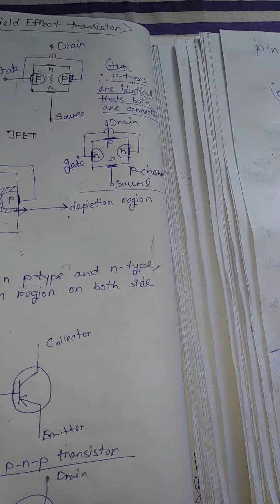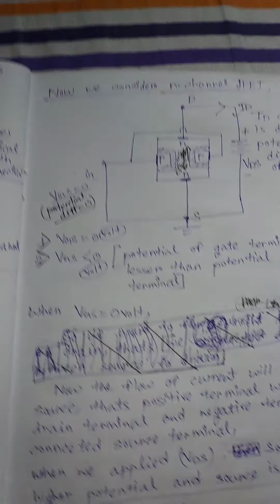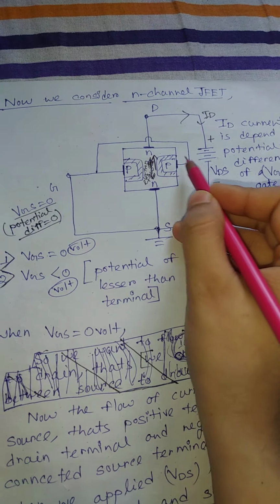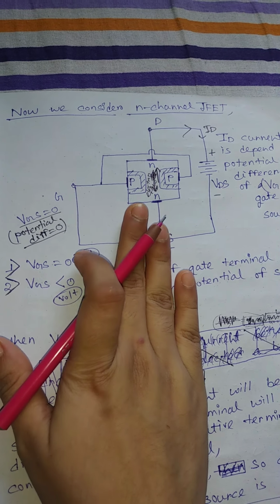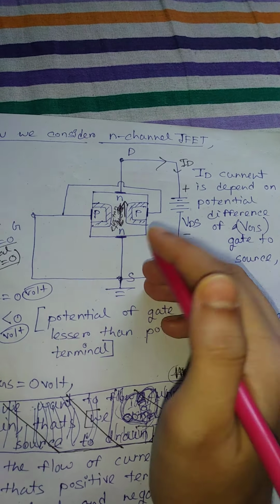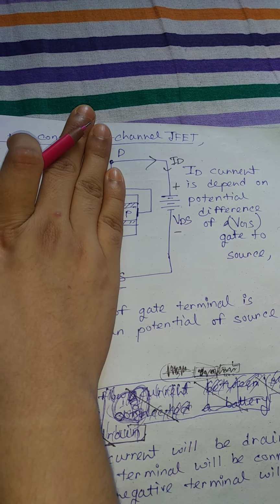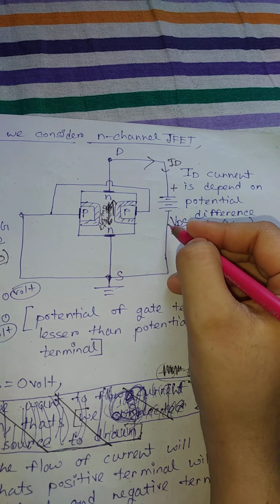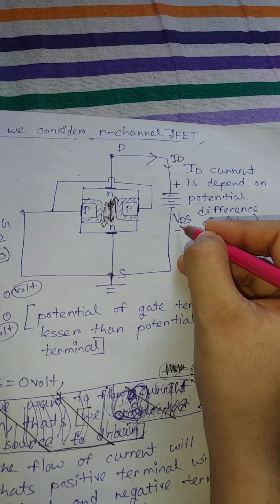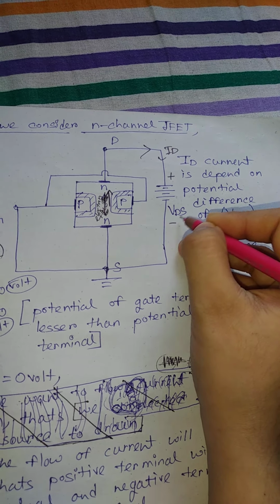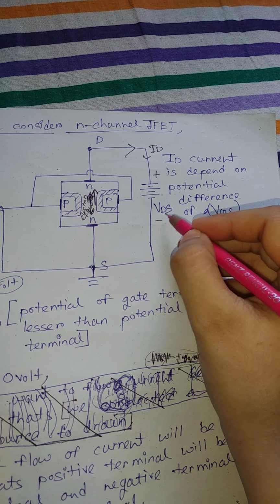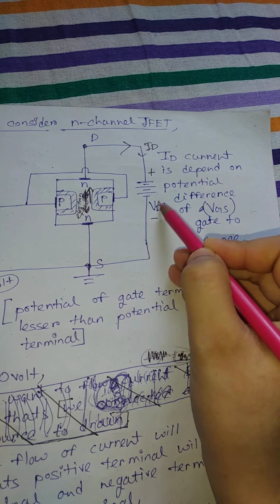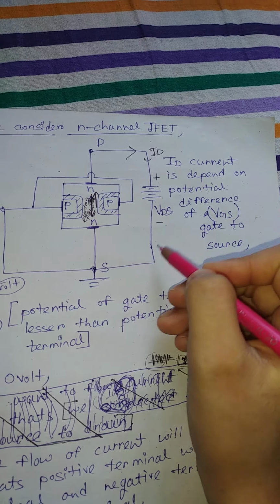Now, in this video we consider the N-channel JFET. So this is an N-channel JFET. How does it work? At first I connected D and S with a battery, and through this battery we get the voltage VDS, meaning the voltage between drain and source.